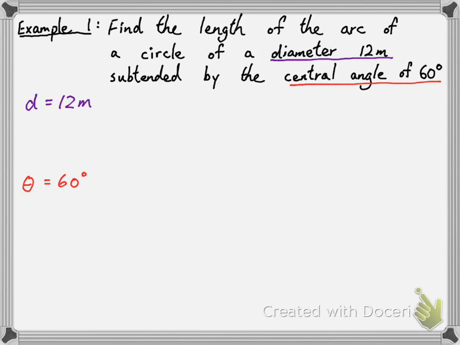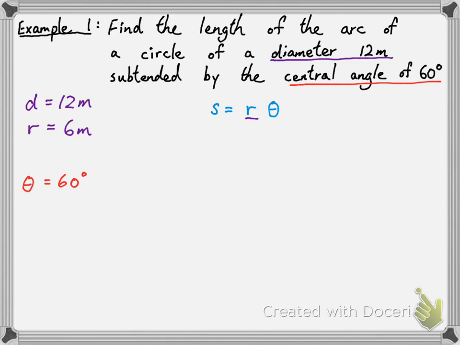To find the arc length, we use the formula s equals r theta, so we need to know the radius. If the diameter is 12 meters, then the radius is half of the diameter, which is 6 meters.